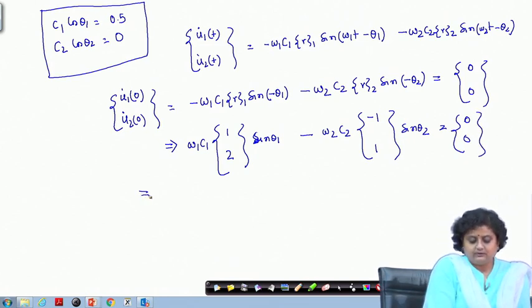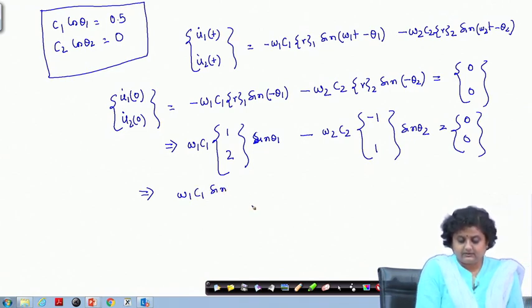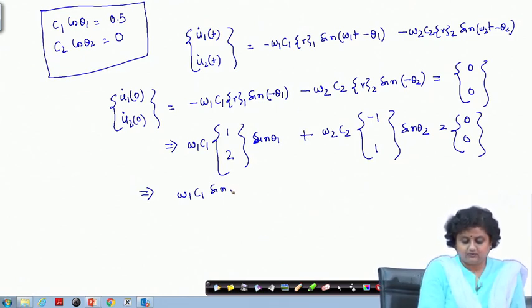So, if we solve this equation, I am going to get omega 1 C1 sine, sorry, this is going to be plus because minus theta 2 goes here.